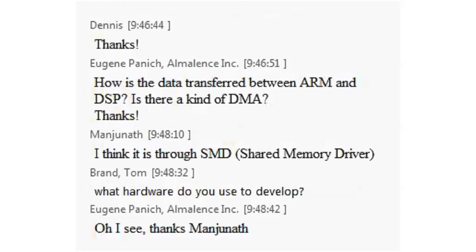The next question is, what hardware do you use to develop? We have used two hardwares, one based on the 8974, another based on the 8074. The 8974 is tablet-based hardware, and that was provided by B Square. The other one, the 8074, was from Intrinsyc. So two types of hardware we use for our development.